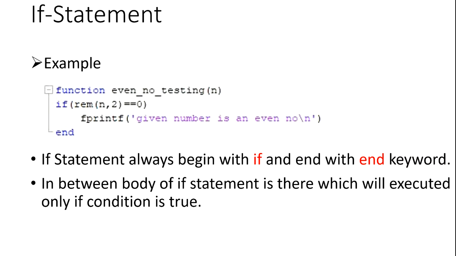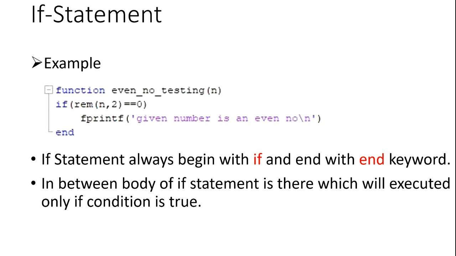And here fprintf works the same as printf in the C language. And if you don't know, or you never used C language, then there is no problem. fprintf prints any given string in columns. So here, given number is an even number, so it's going to print that. And here \n is a special character.